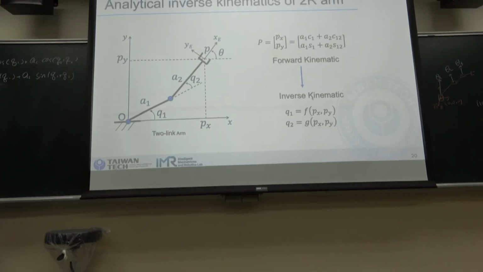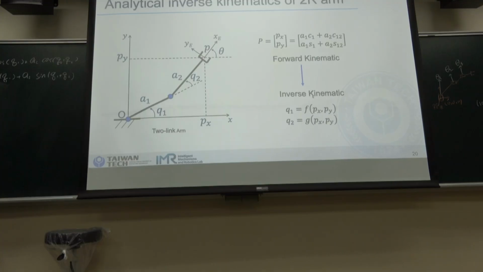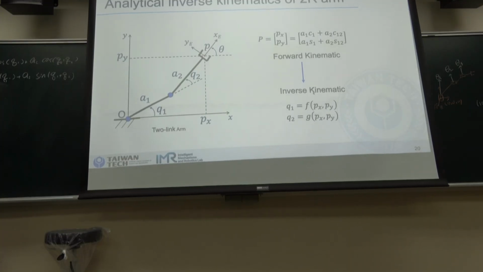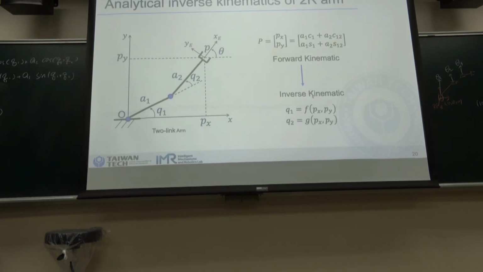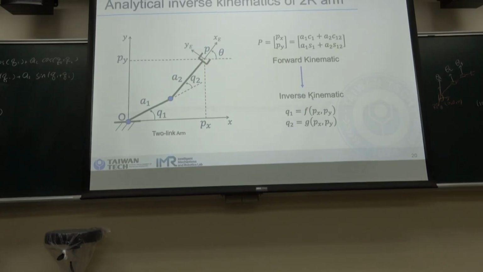So this is the forward kinematics we taught last week. For the inverse kinematics, it means that we'll be given a set of x1, y1, and theta 1, and we want to find Q1 and Q2. So this is an inverse kinematics problem, and we call it IK.